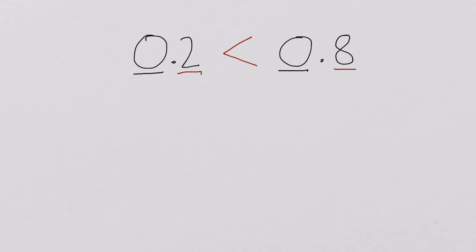But what if we start having hundredths? Here we have 0 and 37 hundredths, and we're comparing it to 0 and 32 hundredths. If we start comparing our place values, we have zeros in the ones again, so that's not going to help us. We have 3 in the tenths for both of them, so that's not going to help us either.